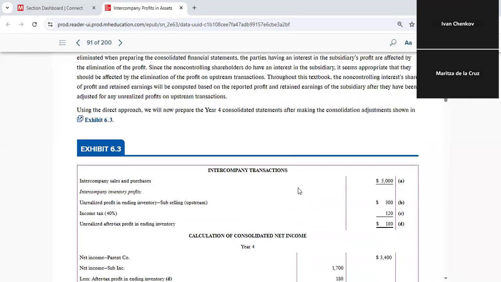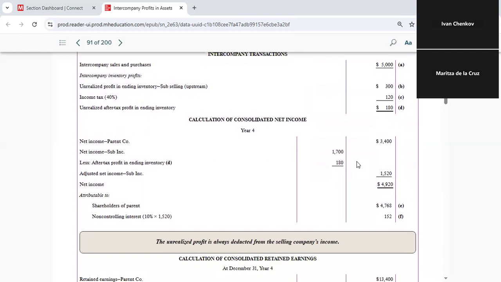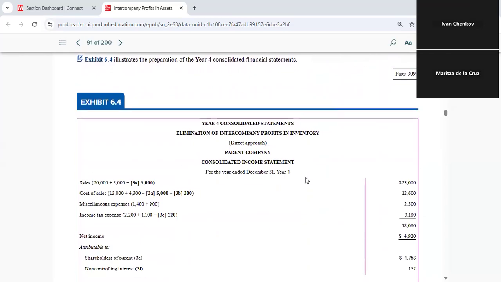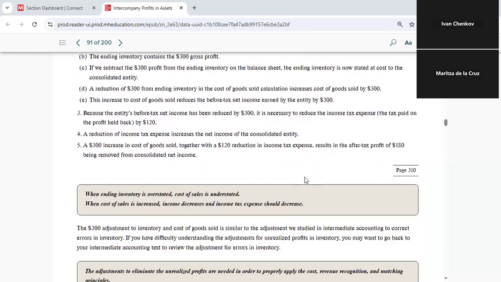Then we're preparing this. The next thing is the intercompany transactions, how this is affected, and we're going to see the effect of the intercompany transaction. Once we do that, we can start working on the consolidation using the direct approach.